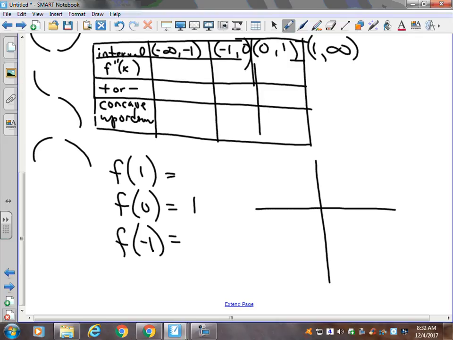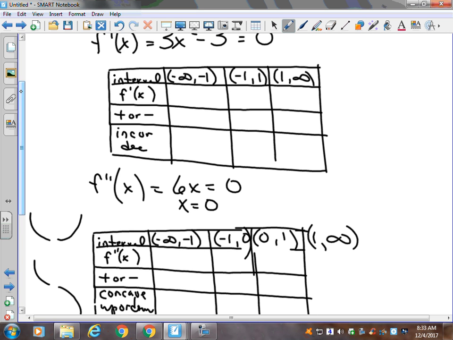All right, what did y'all get for -1? 3. So is 1, 1? It's -1. So 1's -1, 0's 1, and -1 is 3. Everybody agree? Okay. Now, let's go back and talk about your chart here. At -1, did it change from increasing to decreasing, decreasing to increasing, or did it stay the same?